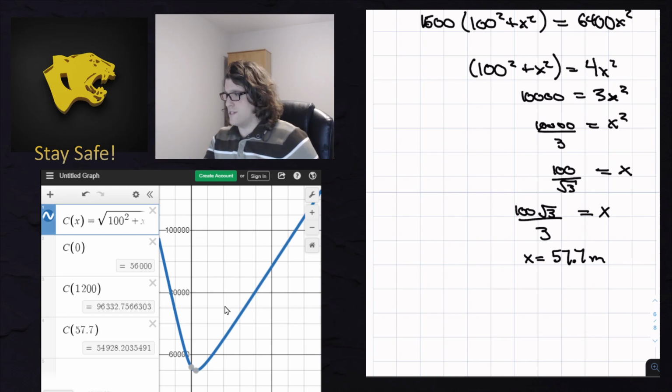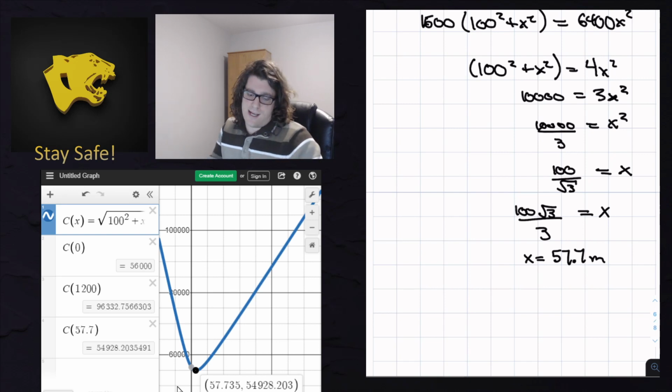We could put a domain on it in Desmos, and that would be nice. And then this magic little point is what we found using the derivative, 57.7. So that's good. So there's another example. It uses some geometry, specifically the Pythagorean theorem, and gets us an answer that looks pretty good, at least when we check it using some stuff in Desmos there.